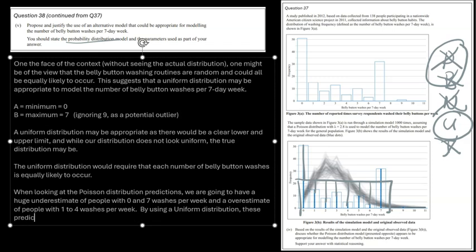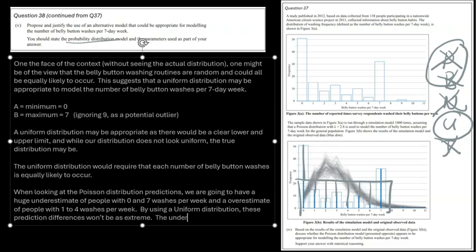By using a uniform distribution, these prediction differences won't be as extreme.